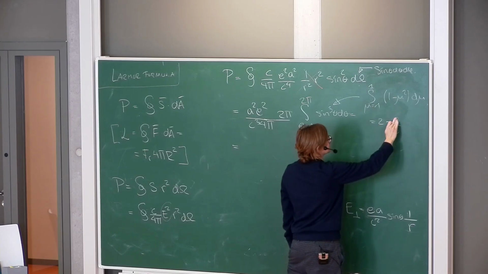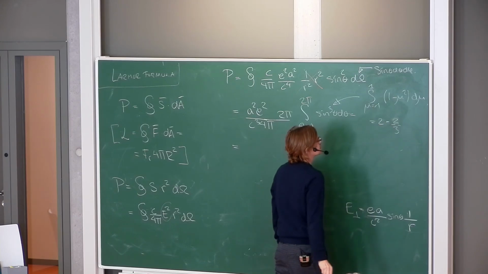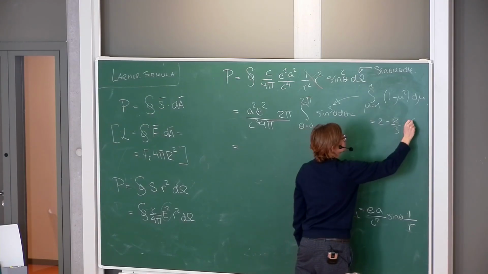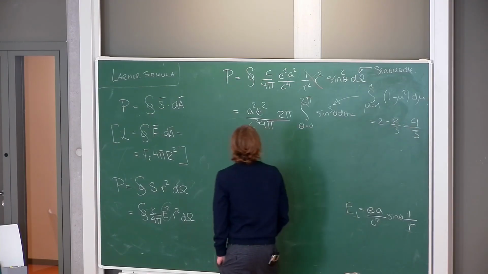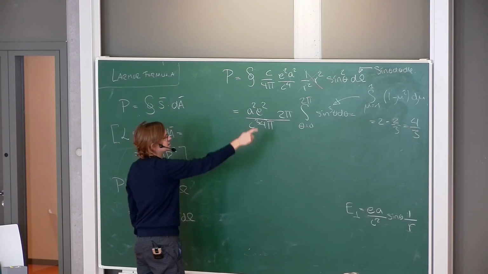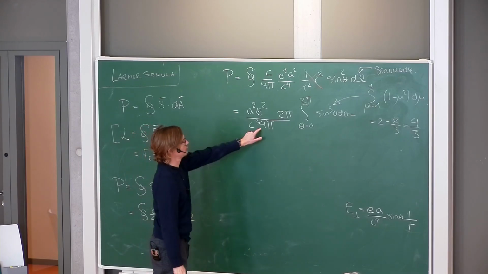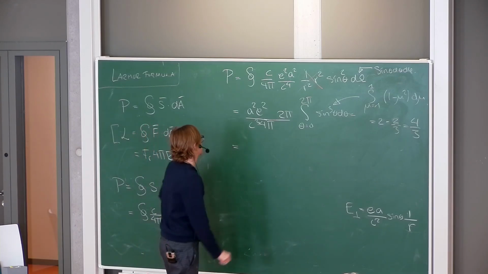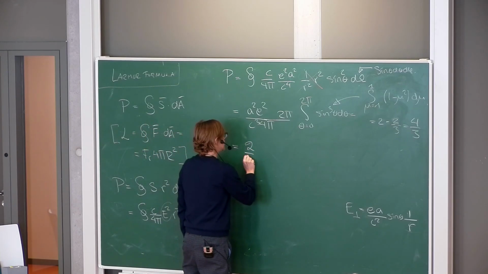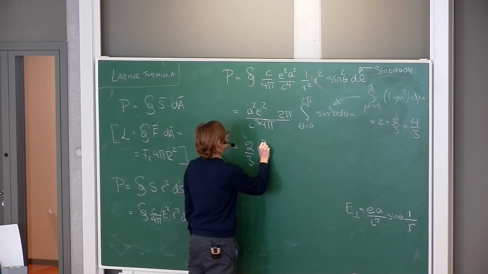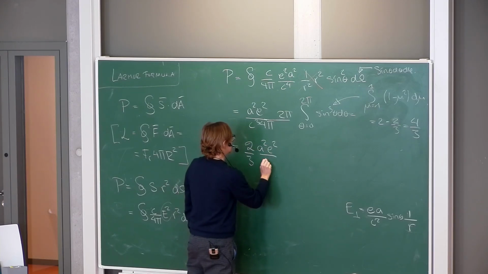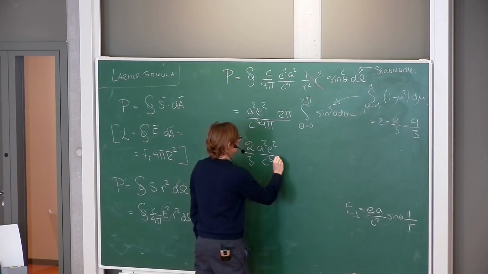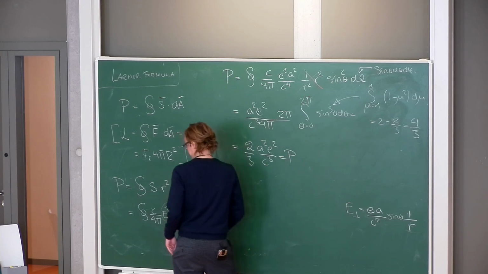No, 2/3. Isn't it? That's 4/3. So that's 4/3 in the end, which then we have 1/2 there. So it comes out as 2/3 a squared e squared over c cubed equals the power.